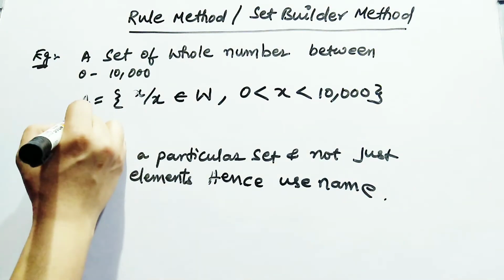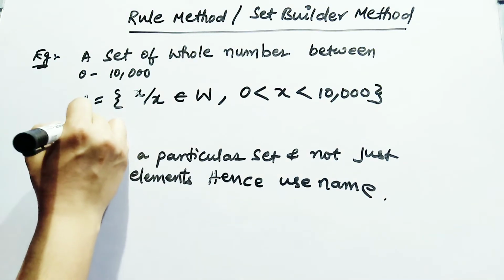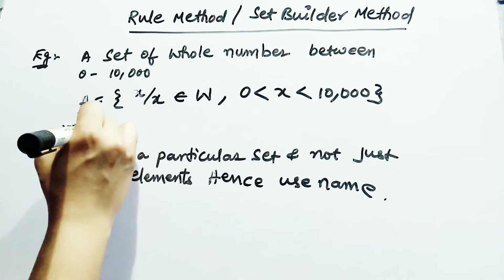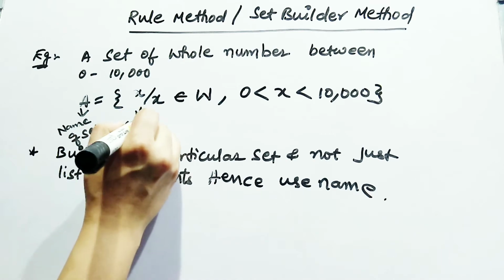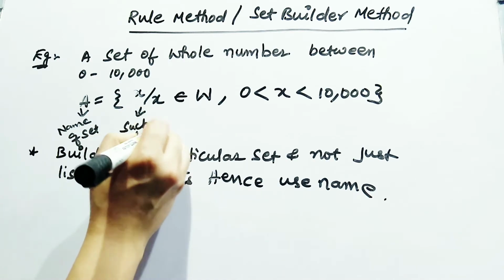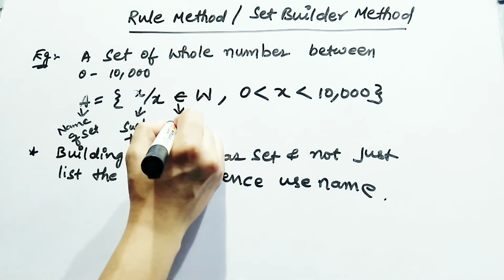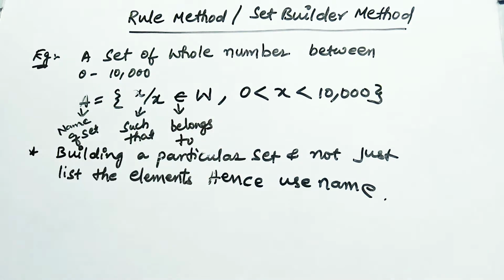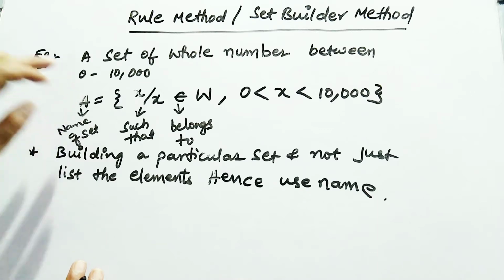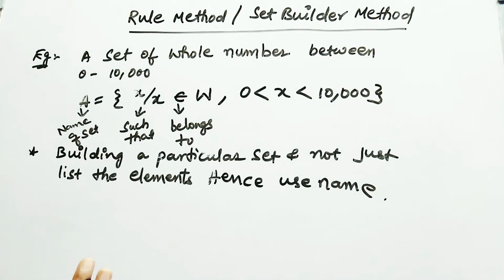A is the name of the set. X, what is this symbol? Such that. What is this symbol? ∈. This is belongs to. What you are saying? X value must be 0 to 10,000. Any value it must be there.